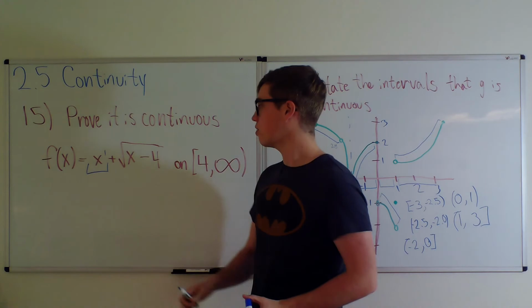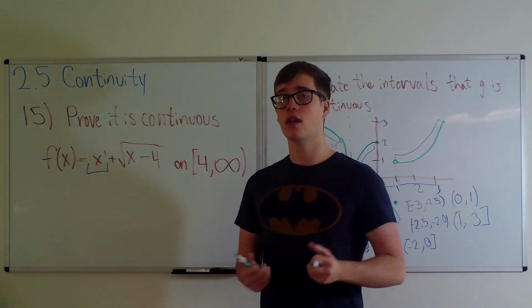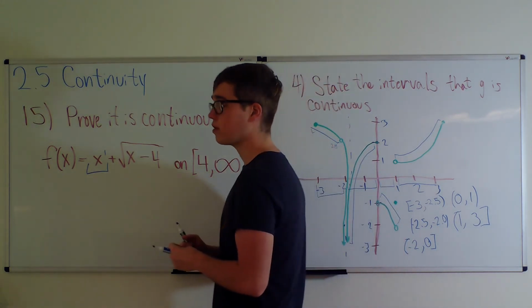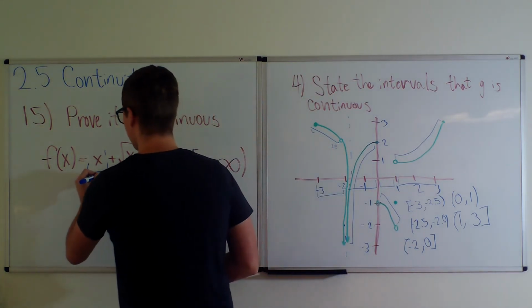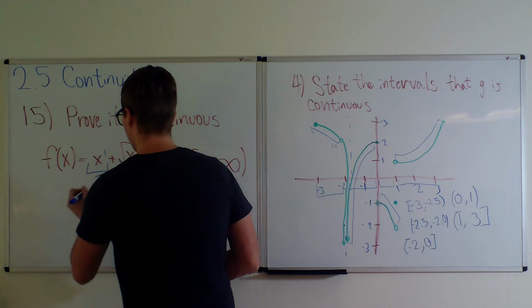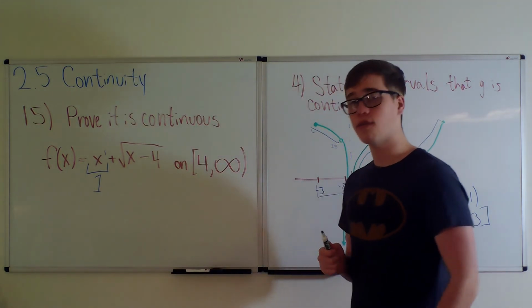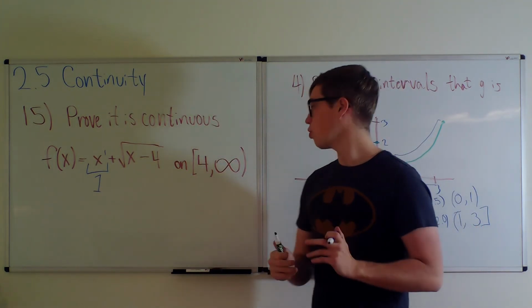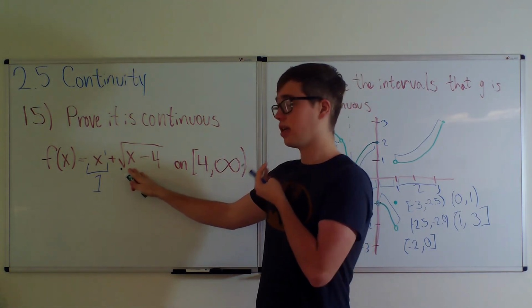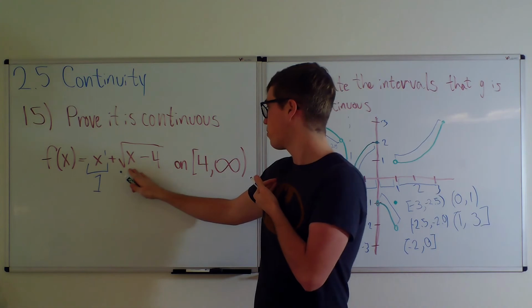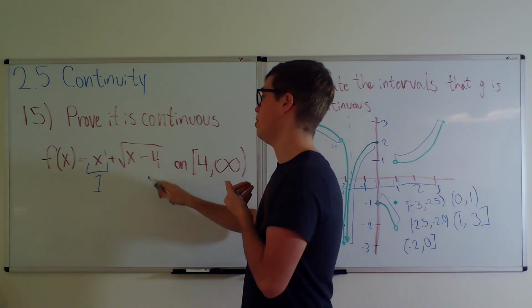So this is continuous, and the addition of two functions, if they're both continuous, then it's continuous. So you have one continuous function, and then, what is this? Oh, you have a root function. What is the domain of this root function? It can never be negative, but it can equal 0. So that would be from 4 to infinity.